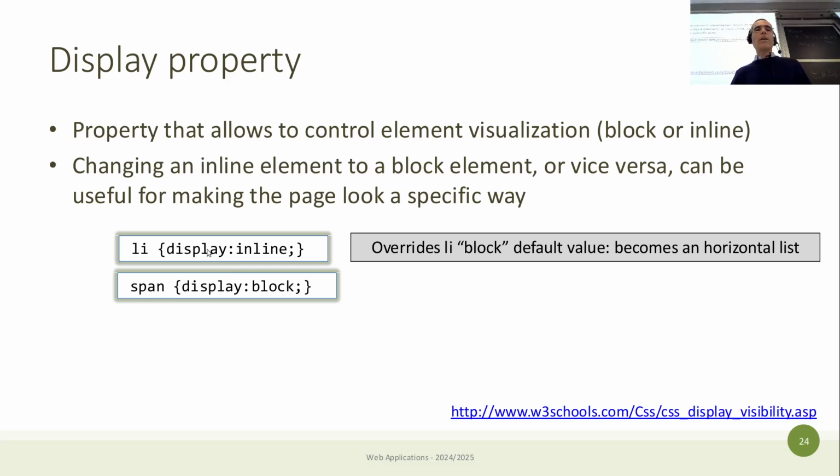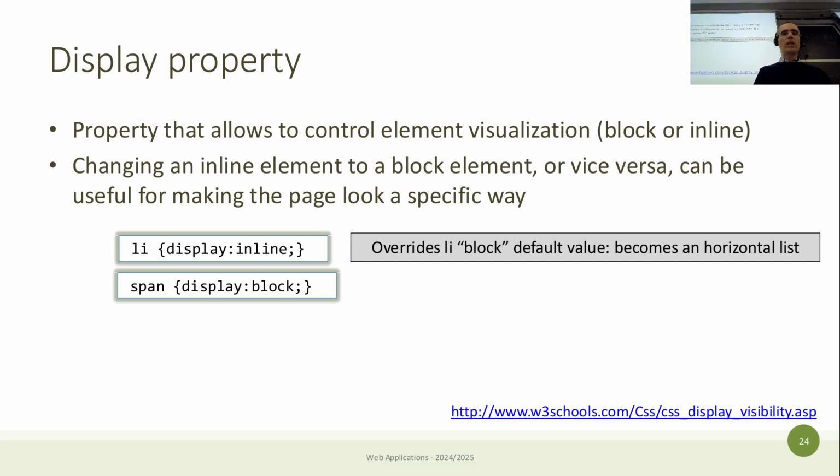Okay, the list item, for instance. No, sorry, the list item is typically block, and this is made inline. And vice versa, there are elements which are by default block, like the paragraph, like the table. Okay, you don't typically have a table inline. I mean, it's not a part of text, and so on.